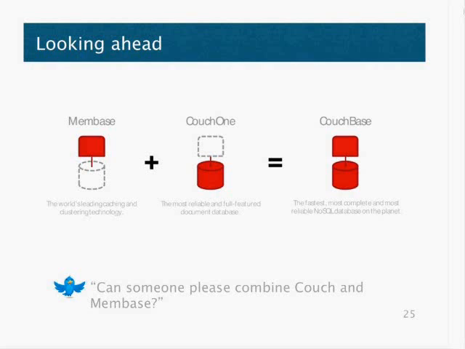We will get the clustering, the sharding and the failover, as well as the in-memory caching layer from Membase. But then we get Couch's document feature, so that we now understand JSON documents, and that we can do querying and indexing on parts of the document.